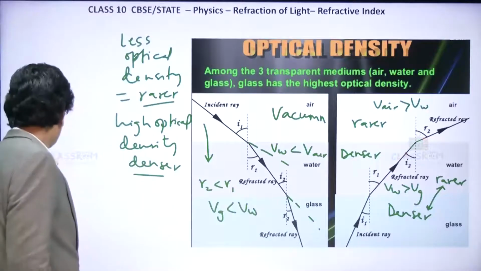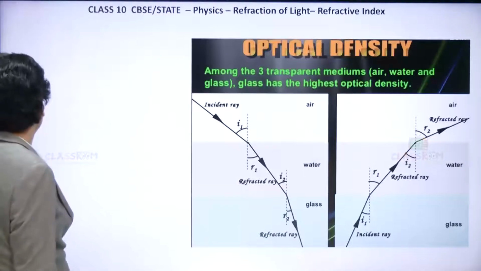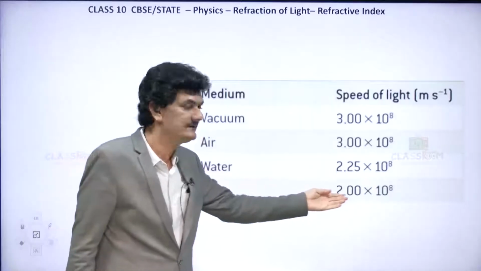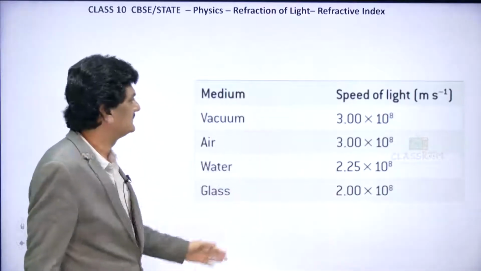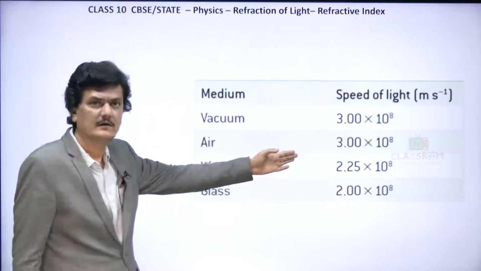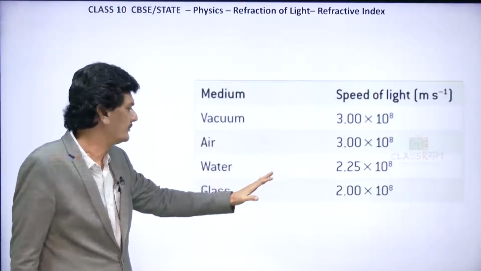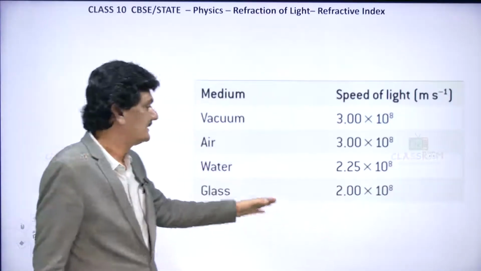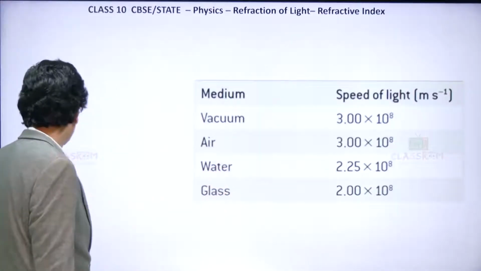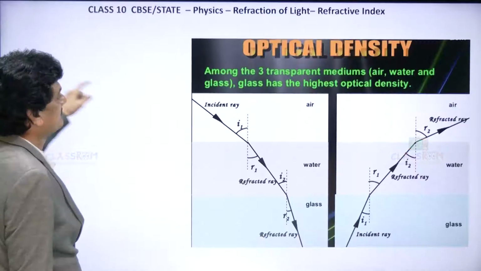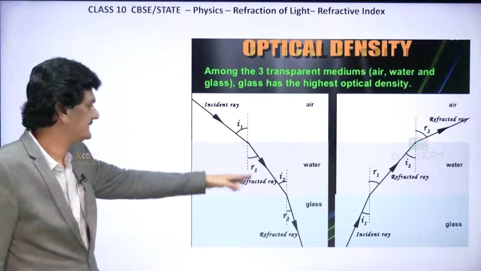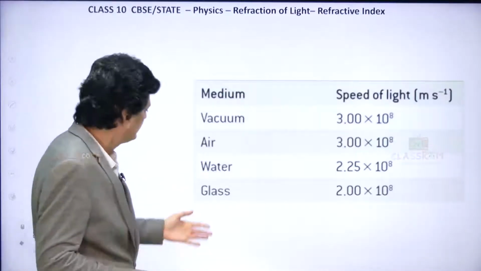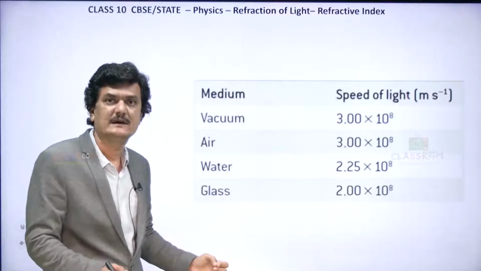So glass being optically dense means the velocity of light in glass is minimum compared to all. In vacuum it is 3 into 10 to the power 8, in air approximately the same as vacuum, then water and glass. Glass is the optically densest amongst all of them, with the highest optical density. The velocity of light in glass is very less compared to that in water.